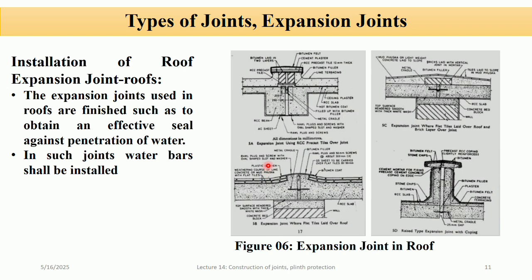Sealants, metal covers, waterproof membrane, and protective flashings are often used together. Use of water bar. Water bars are installed within the joints to create an internal waterproof barrier. These are often made of PVC, rubber, or metal and embedded at the time of concrete pouring. This stops water from seeping through the joints into the building.